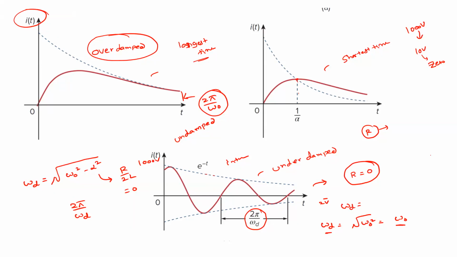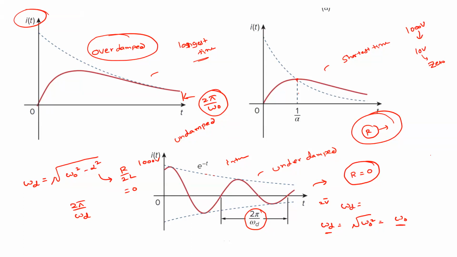If the initial conditions are the same for all cases and the L and C values are the same, the only thing we are changing is the resistance. Based on the resistance, it may be overdamped, underdamped, or critically damped. Overdamped requires the longest time to settle, critically damped requires the shortest time, and underdamped requires some intermediate time.